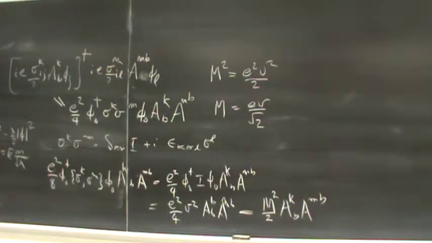So I'll have to chase down that factor of 2 later tonight. So they all get the same mass, and no mass is unbroken because the symmetry is completely broken.